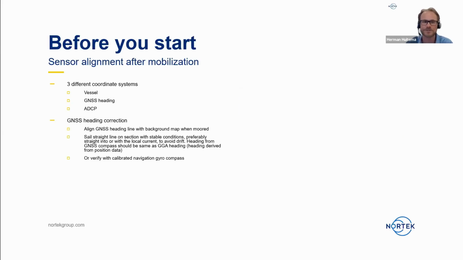Well, you start with the GNSS or the heading sensor on board, and nowadays they have heading output which can be plotted as a line on a navigational map. And when the vessel is moored parallel to a jetty or a quay, you can actually use that information and align that heading line with the jetty or the quay, of course.